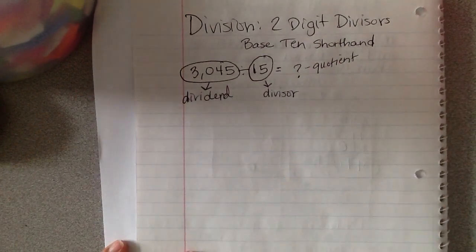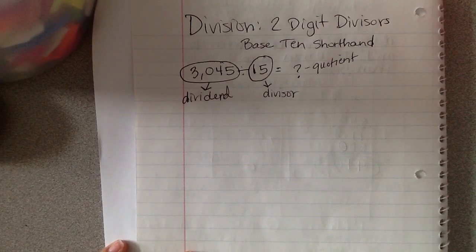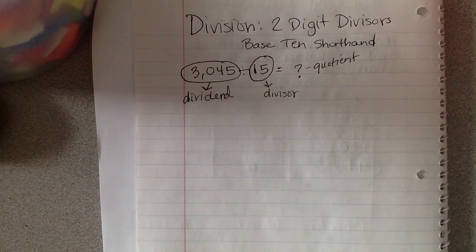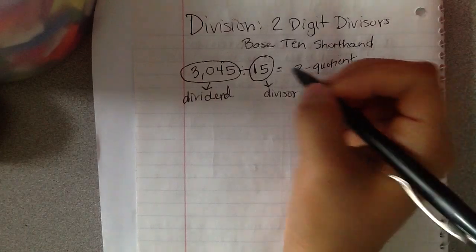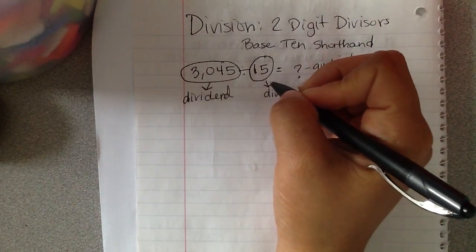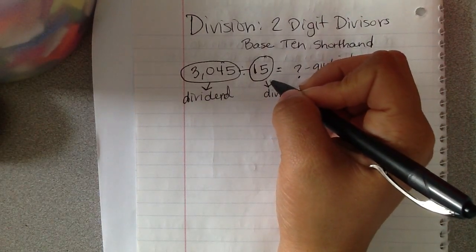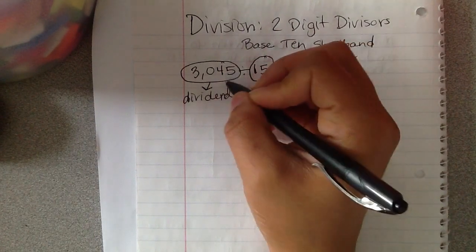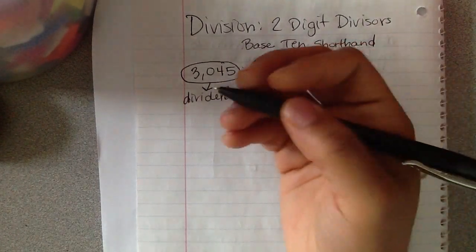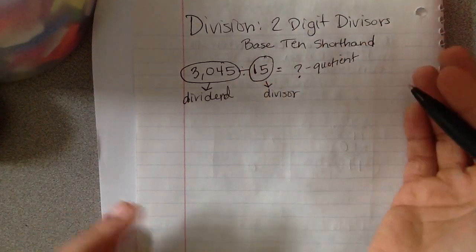I'm going to come down here and I'm going to show you how to solve this using the shorthand method. My divisor actually tells me how many groups I want to make. So I need to make 15 groups. And I have 3,045 things or objects to divide out into those groups.